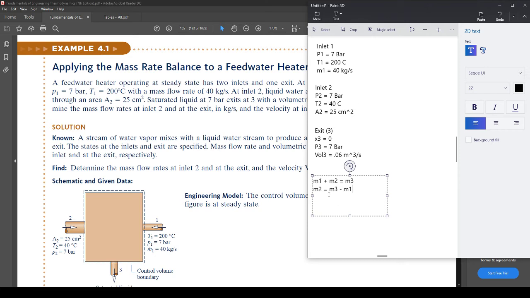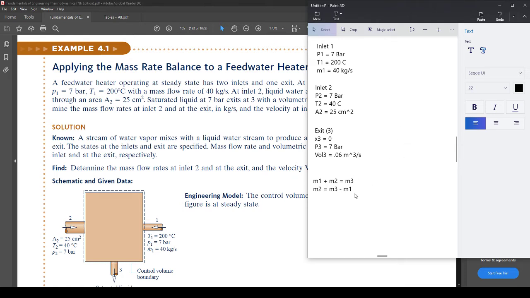So this is a rewrite. M2 is equal to M3 minus M1. And that makes sense, because the exiting mass minus one of the inlet masses has to be equal to the other one. So hold on to this equation really fast. Okay?